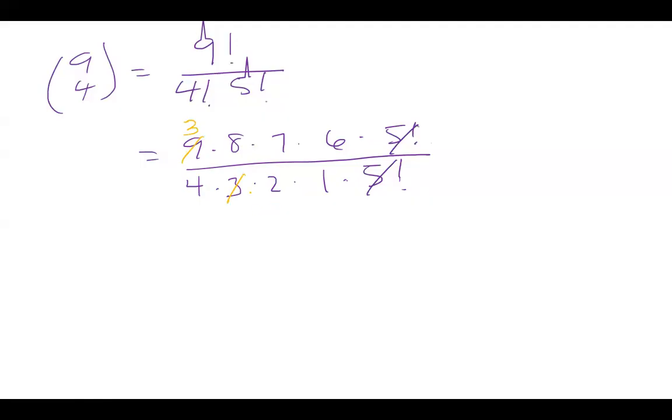Are you with me? I can divide 8 by 4, and this becomes a 2. I can't do anything with 7, but I can divide 6 by 2, and this becomes a 3. And so all I have left to multiply to find my answer is 3 times 2 times 7 times 3. And that is my answer.